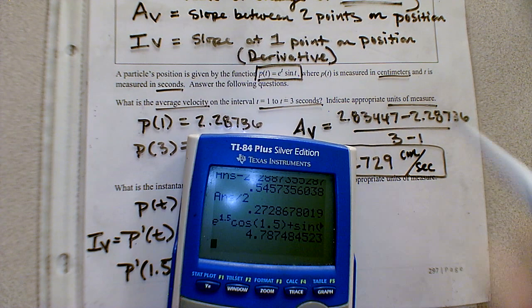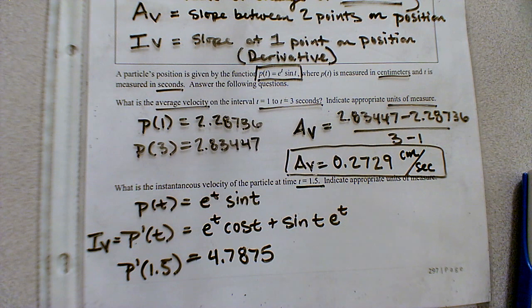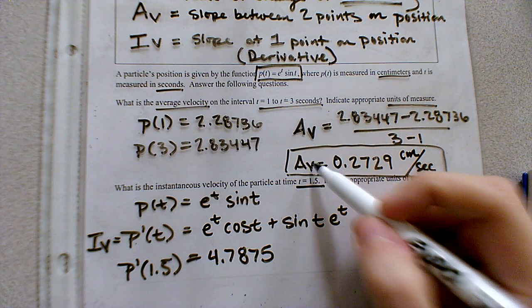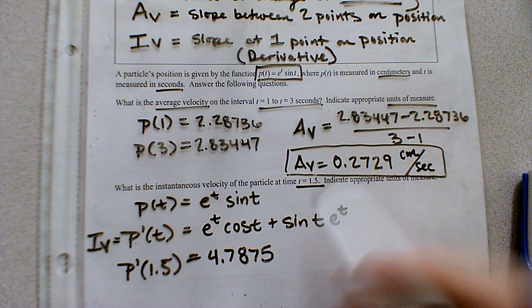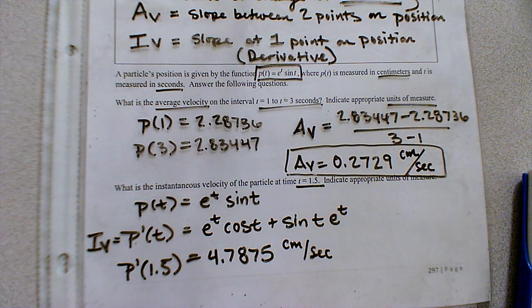Now you could also truncate or just chop it off at 4, but you can round, whatever your preference is. All right, now since this is, again, rate of change and it's of velocity, it's still going to have the same units. This is just representing the rate of change at one point in time. So at this point in time, this is how fast the particle is traveling. This is the rate at which its speed is changing. Okay, in this case, increasing because it's positive.